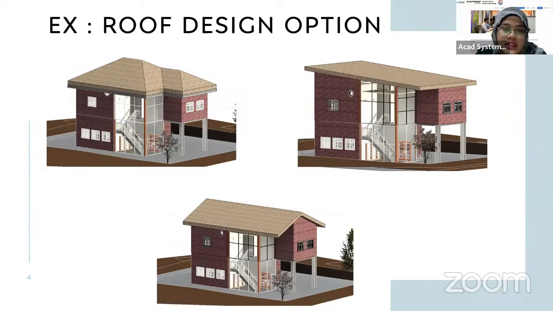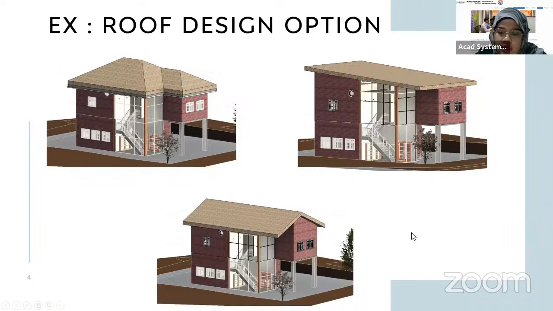So you can use this design option to create a different shape, different type of roof in the same model with the same drawing project. So you don't have to create a new project or a new model. You just need to create the design option, and with this design option, you can create multiple designs of roof in your model.